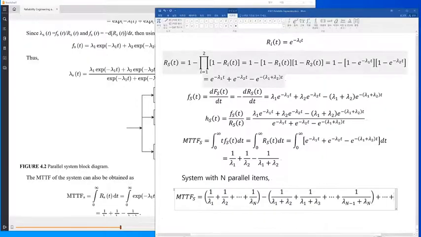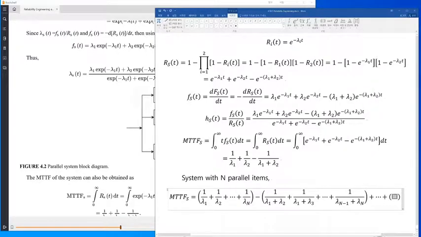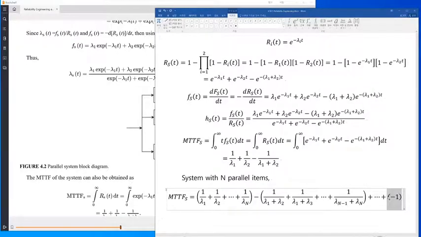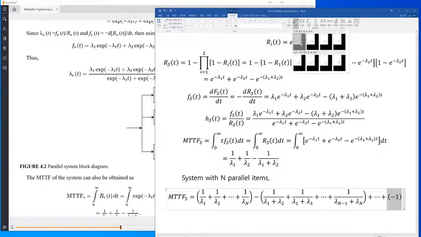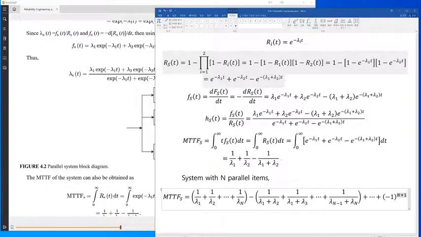This should go on and on until the last term will be minus 1 to the power n plus 1. Where there are 2 terms, this one should be minus. When there are 3 terms, the last term will have the plus sign.